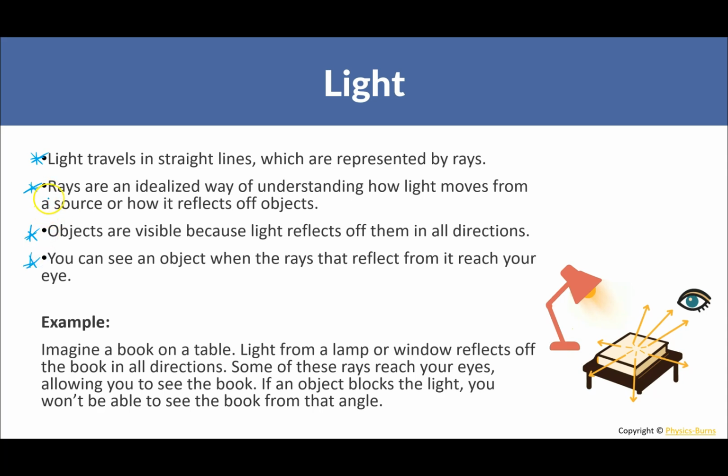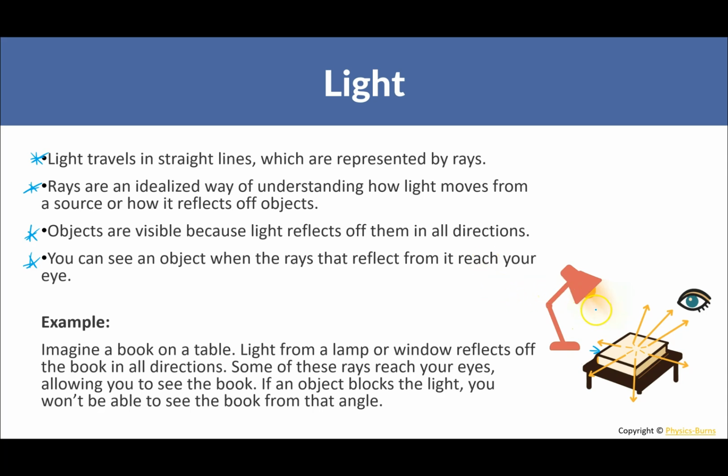Let's back up a little bit. Say we have a book here. If the room is pitch black, with no light, you can't see this book. So we need light to be able to show the book.